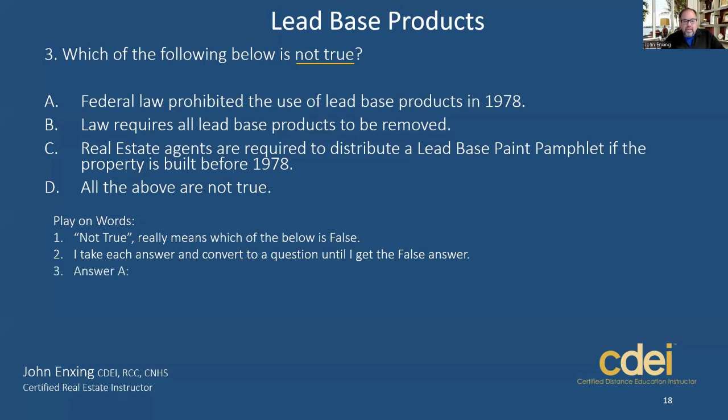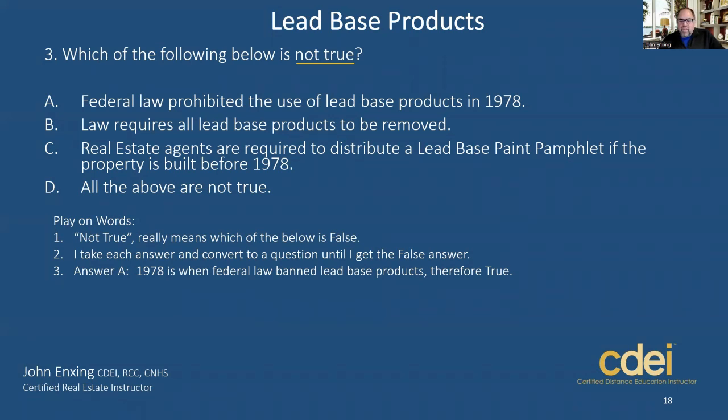Okay. So if I go to answer A, 1978 is when the federal law banned lead-based products. In other words, answer A says the federal law prohibited the use of lead-based paint products in 1978. And that answer is true, because that's when it was banned. Anything before 1978, you have to disclose.